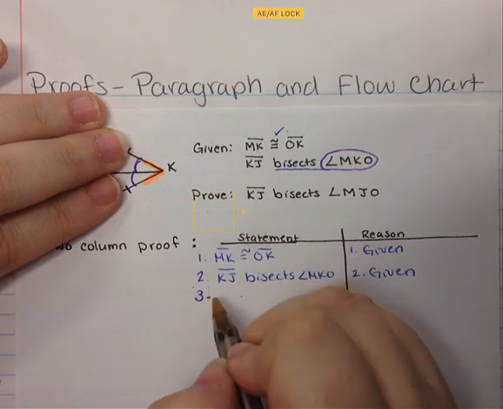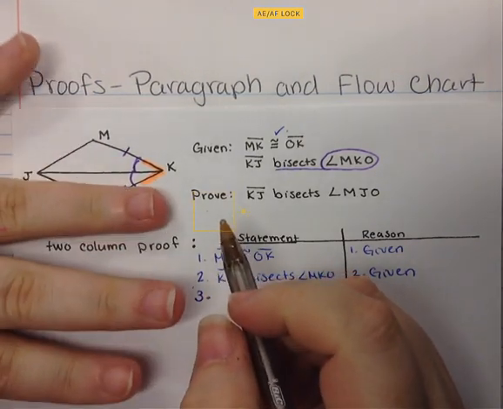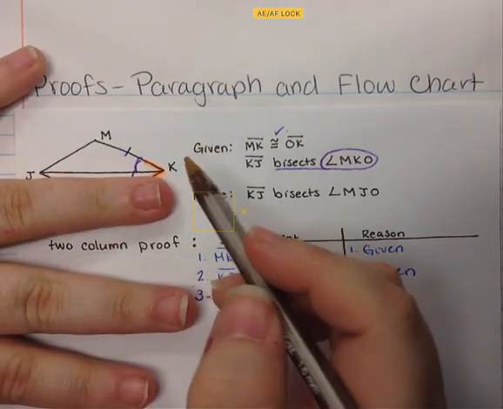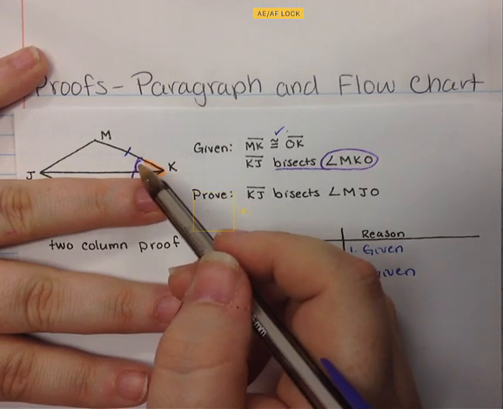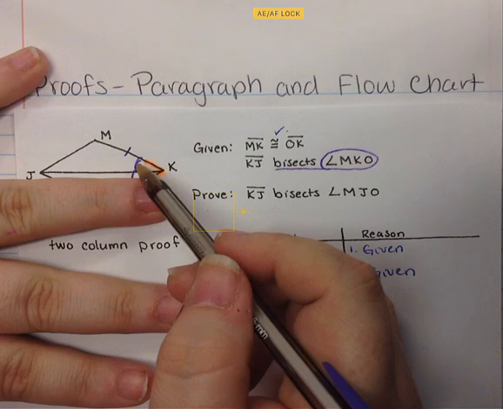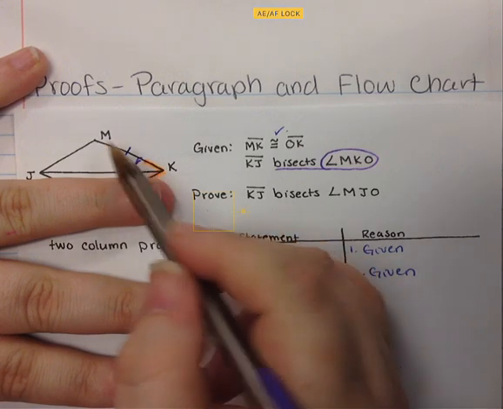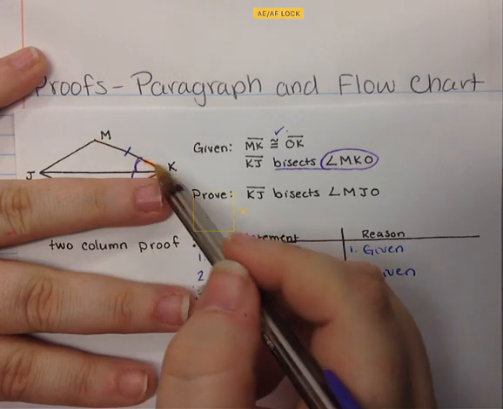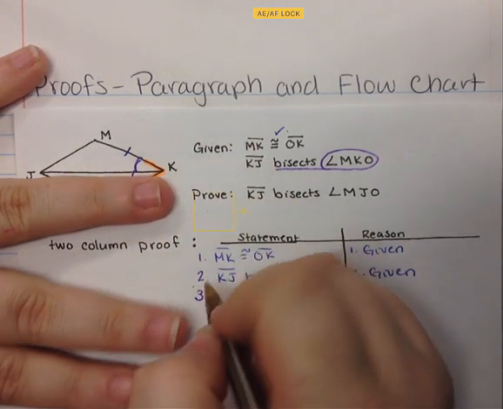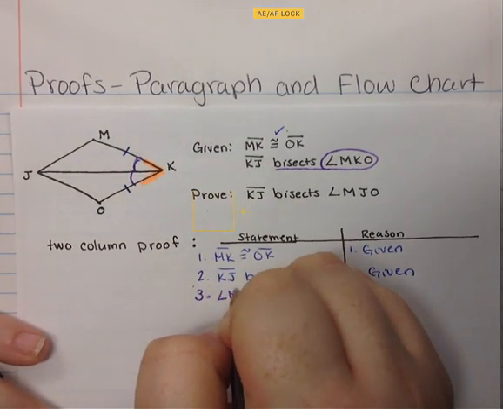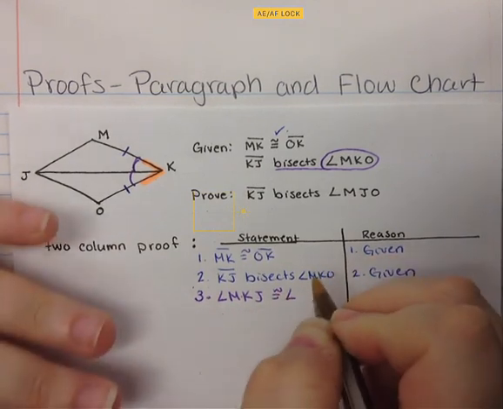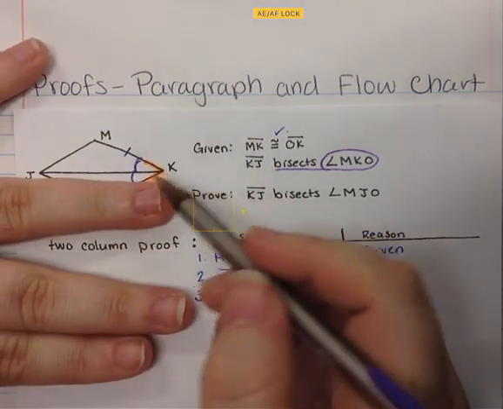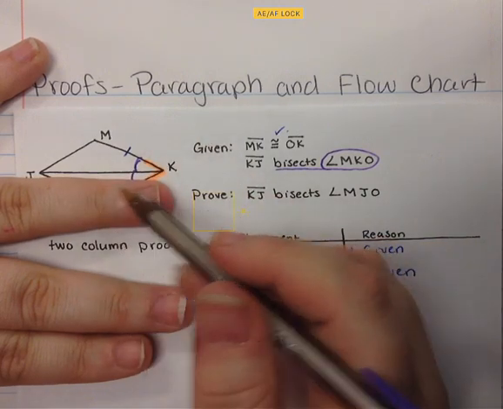So let's state them. I have to name that top purple angle. If I cover up one of the triangles, I want K in the middle, because that's where my arc is. I can name it any way I want to, as long as that K is in the middle. If I start with M to K to J, I would say statement 3 is angle MKJ is congruent to angle. The hardest part is knowing how to name that second angle.